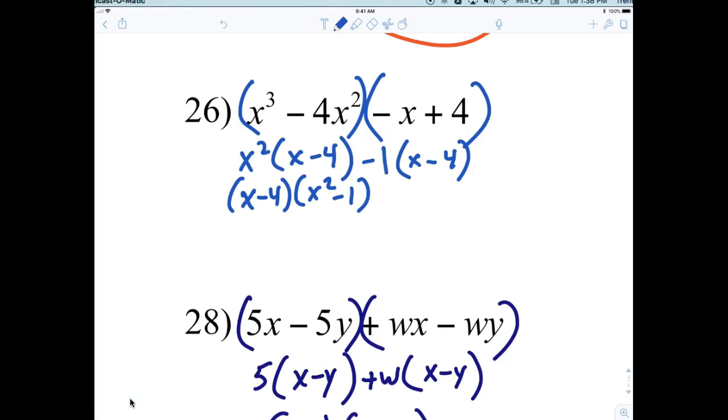However, we now can factor x squared minus 1. So that factors into, beautiful, x minus 4 times x minus 1 times x plus 1. Do you have any questions or concerns with that now? Did that help at all?